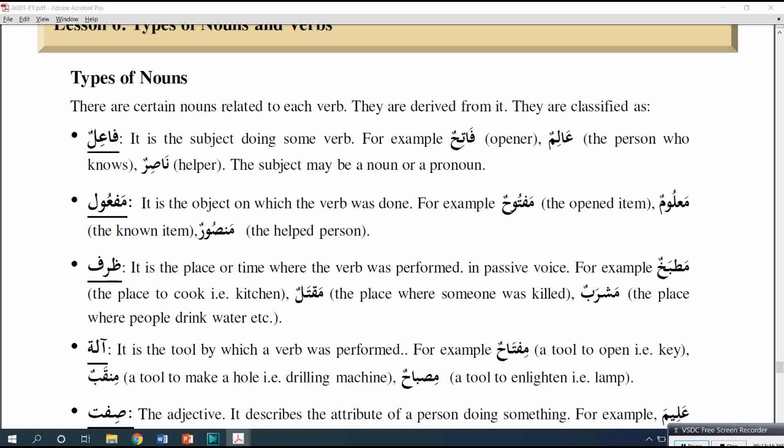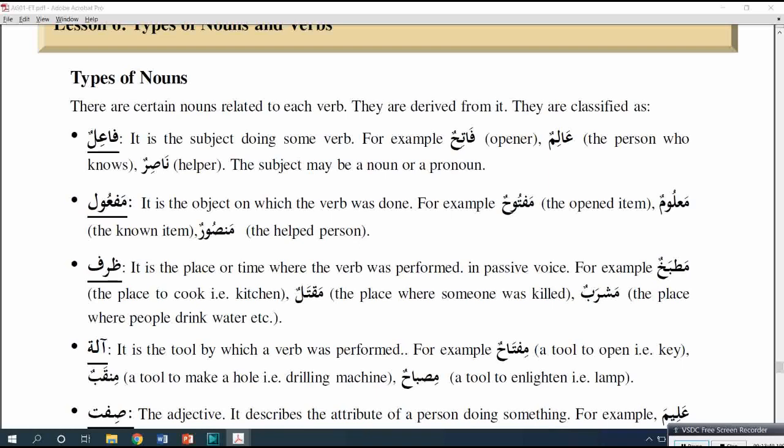Nasirun, he is the helper. These are examples. Maf'ul means the one on whom some action is taken. Like maftuhun, which means a door or something which is opened. So fatih means the person who opened.